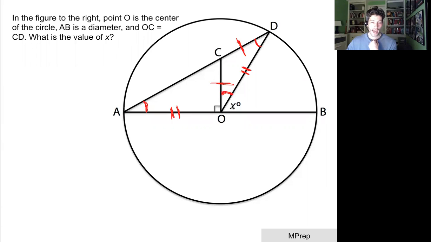So if this is 90, x plus this little angle here has to be the other 90. So x has to be a little less than 90. Cool. We got a handful of suggestions coming in, and I'll just cut to the chase here. This is good stuff, everyone.